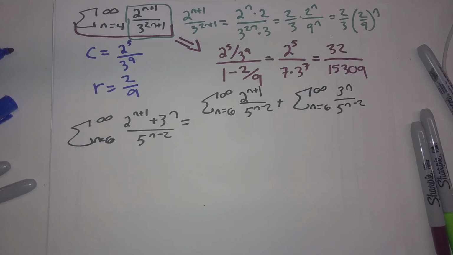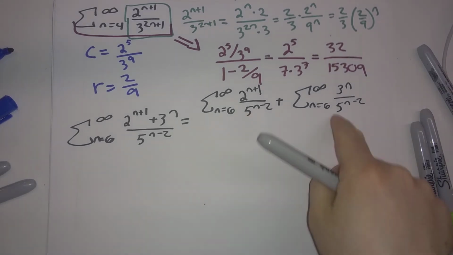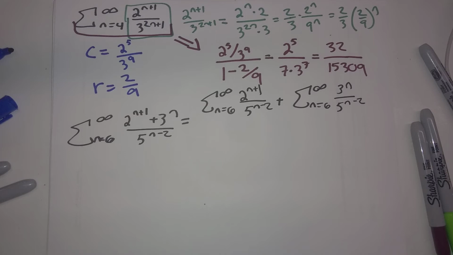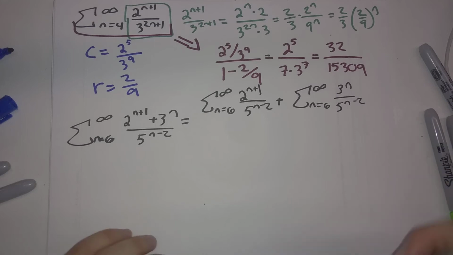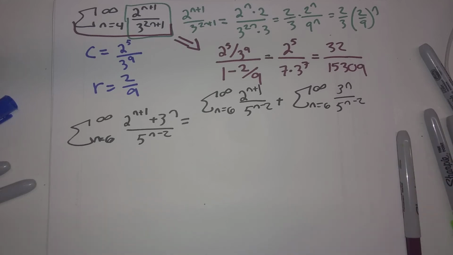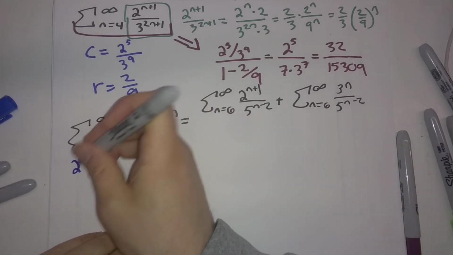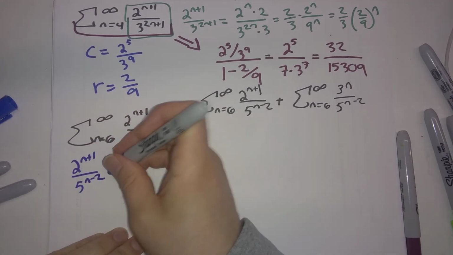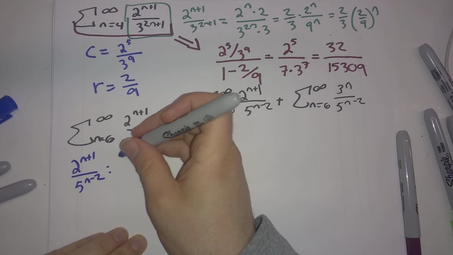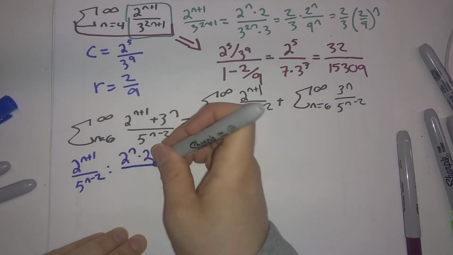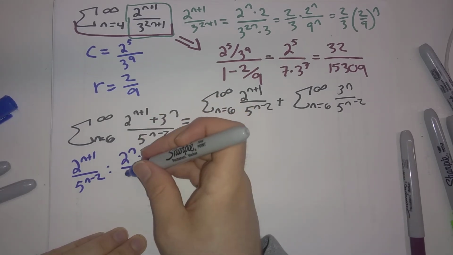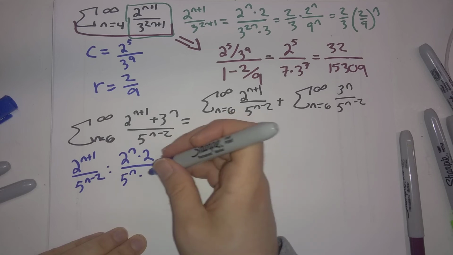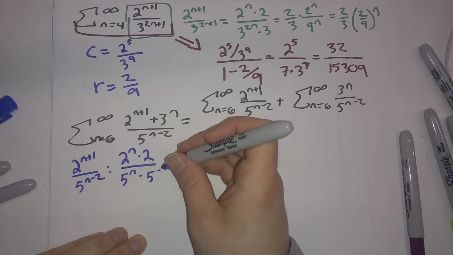I'm allowed to break things up in this way if both of these series respectively converge, and we will see they will both converge, so this will be allowed. Okay, so we have to crunch these out separately. For the 2 to the n plus 1 divided by 5 to the n minus 2, we can rewrite this as 2 to the n times 2 divided by 5 to the n times 5 to the minus 2.